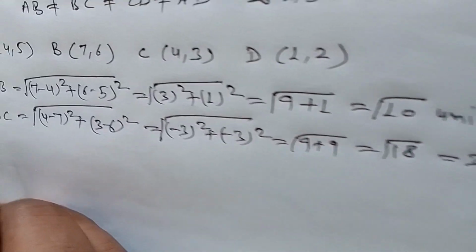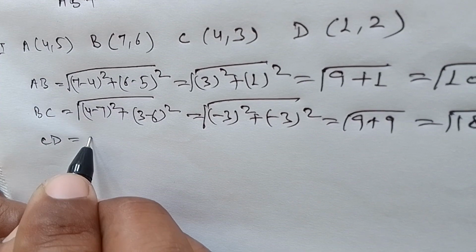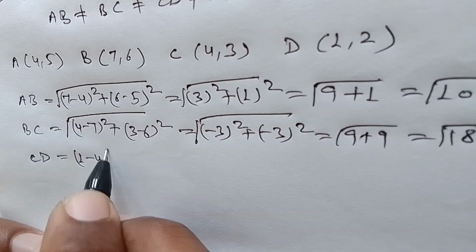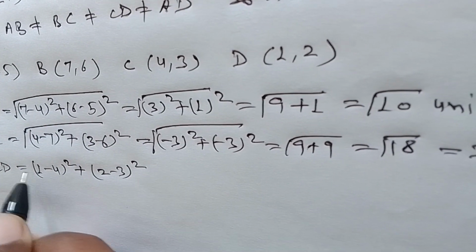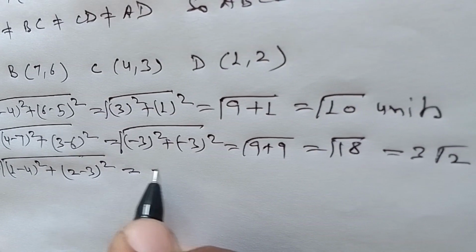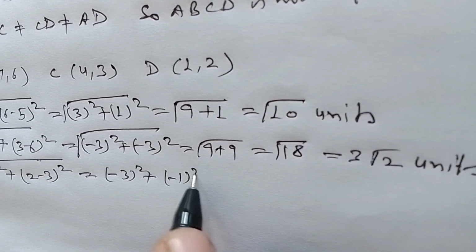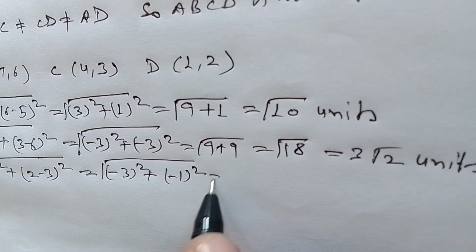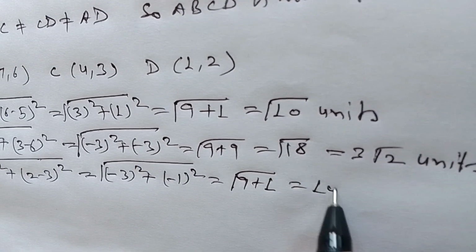Now the distance between point C and D, 1 minus 4 square plus 2 minus 3 square under root, that comes out to be minus 3 square plus minus 1 square. So it comes out to be 9 plus 1, which is under root 10 units.